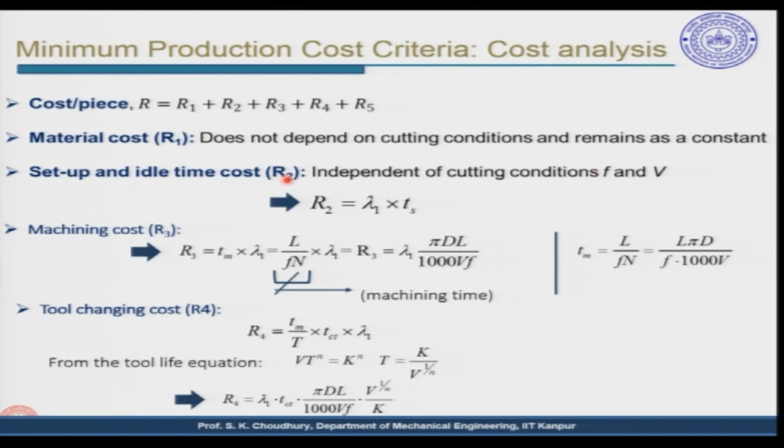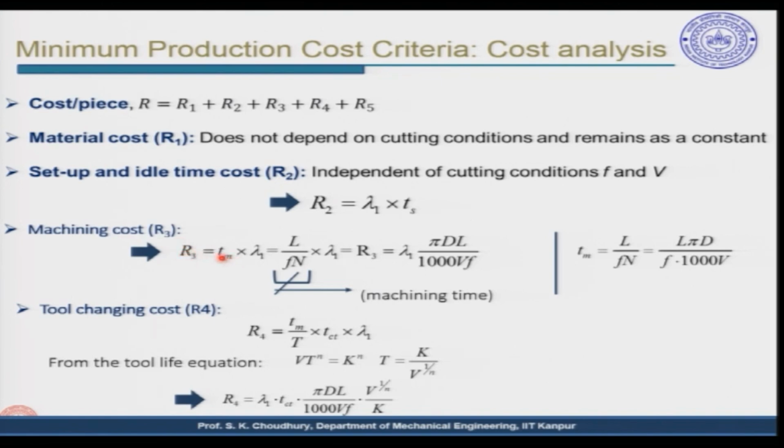So, R2 is given by the overhead you are paying times the time you are spending for settling and idle, that is, the settling and idle time per piece Ts. For that time you are paying the overhead and the labor cost. So, this is lambda 1 into Ts. Now, the machining cost is how much you are spending on machining that particular part.